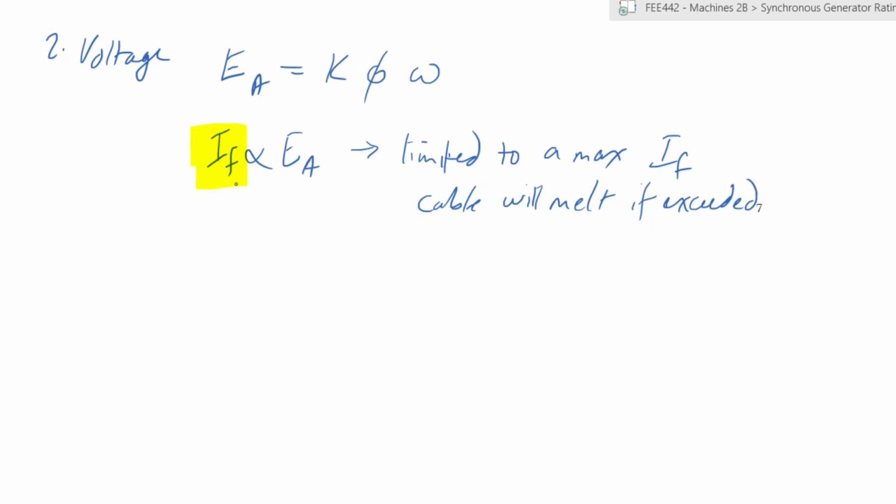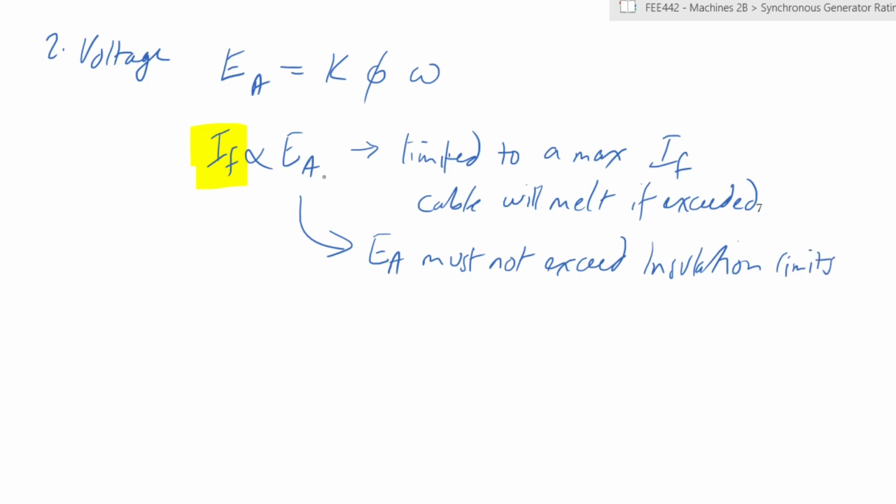In addition to that, the voltage itself has a limit in that the value of the voltage must not exceed the limits of the insulation within the windings of your armature. So EA must not exceed insulation limits.